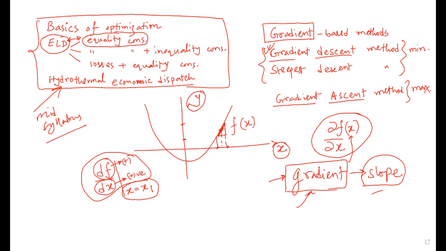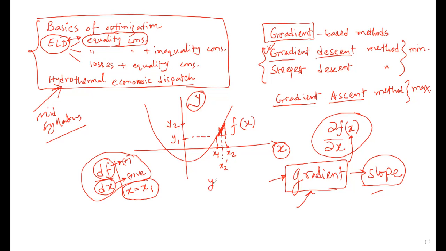Okay. So if you want to find out the value of x, or the value of, let's say, this is y1, this is y2, let's say this is x1 and this is x2, and let's say this is, for example, x2 prime. So how do you find out, or how do you relate y2 with y1 with the help of the gradient?